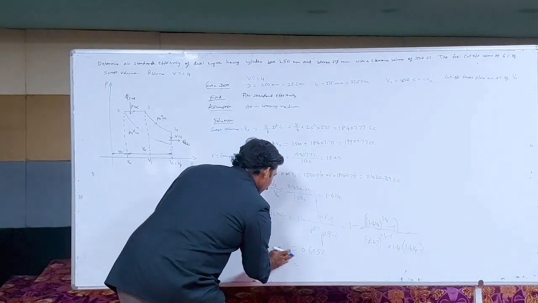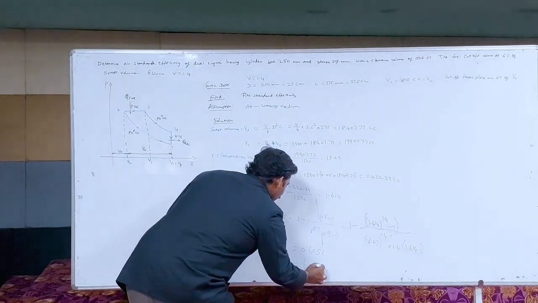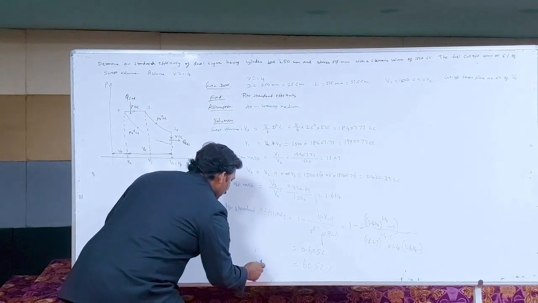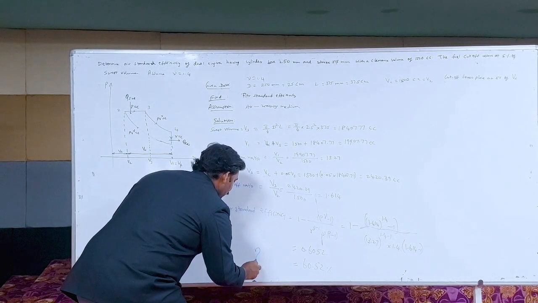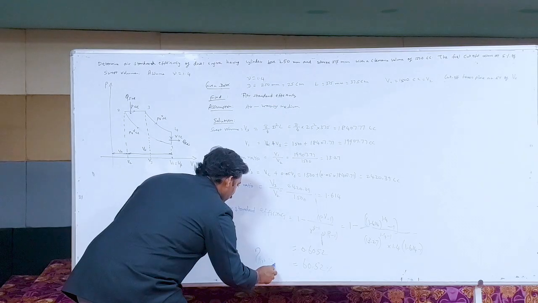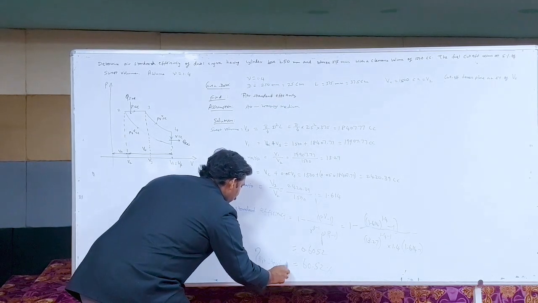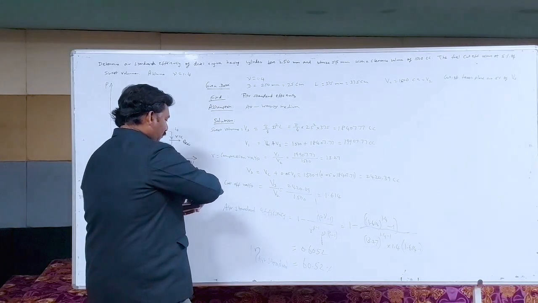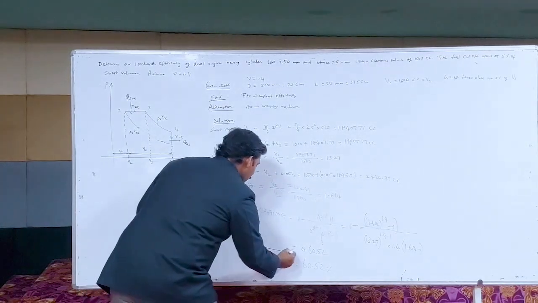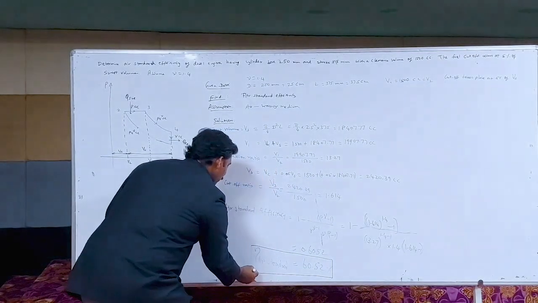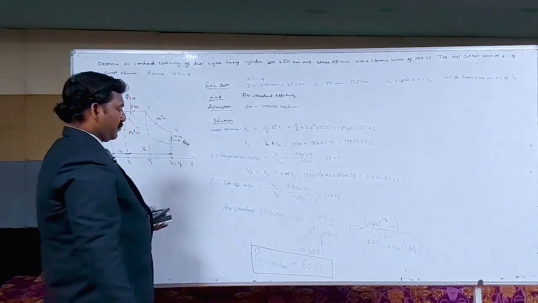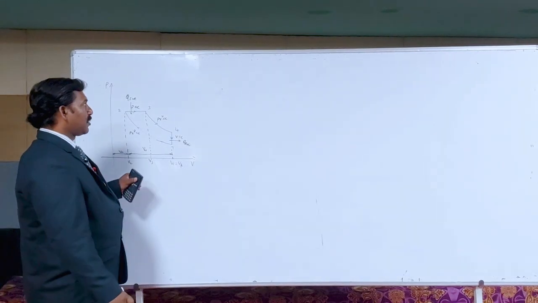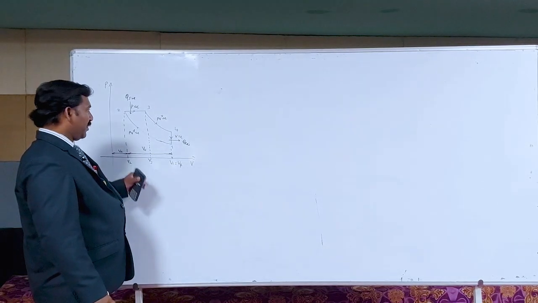So that is 60.52%, the air standard efficiency. So this is the PV diagram for a diesel cycle. We will solve another problem in a diesel cycle.